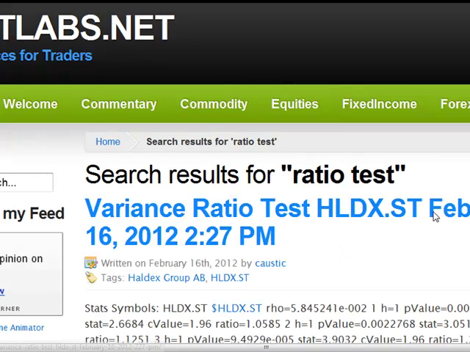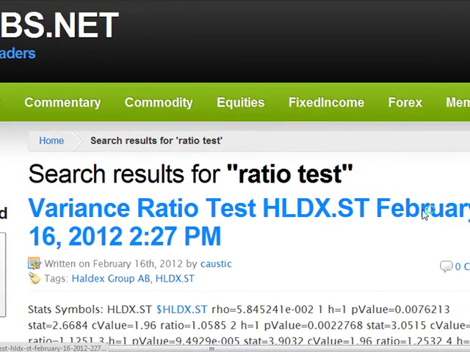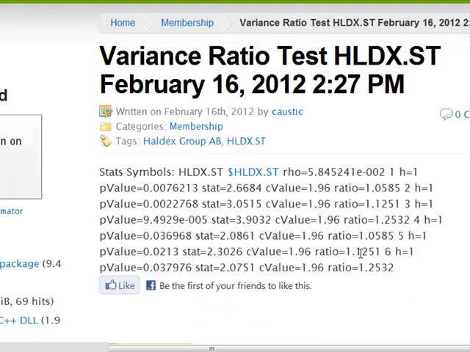Okay, here we go. So we've got this HLDX, which measures the variance on a particular graph, and then you get your different stats. This right here is an important indicator of H, meaning whether it's a good stock to trade with or not.